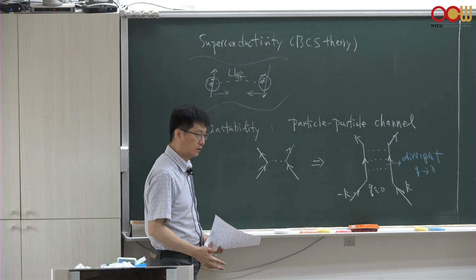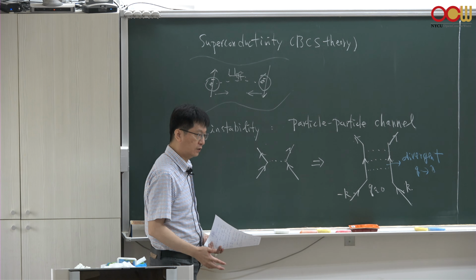In the previous semester we mentioned the phenomenology of the ordinary superconductors, namely antiparallel spins between these two electrons when they form Cooper pairs. That is because of the Pauli principle, and also the center of mass momentum is actually 0.